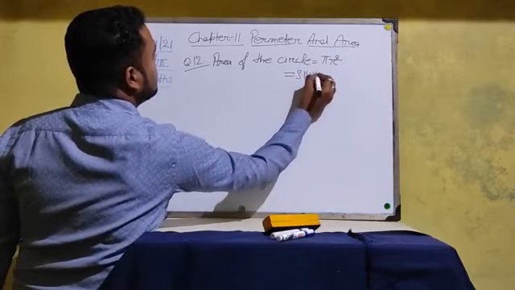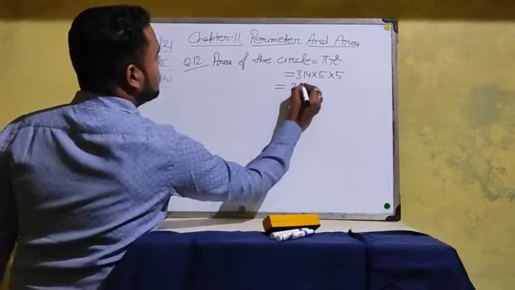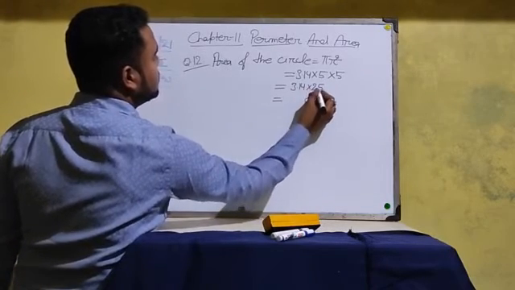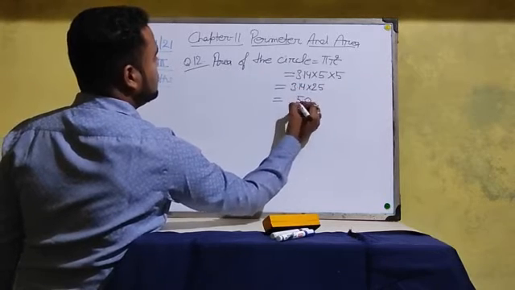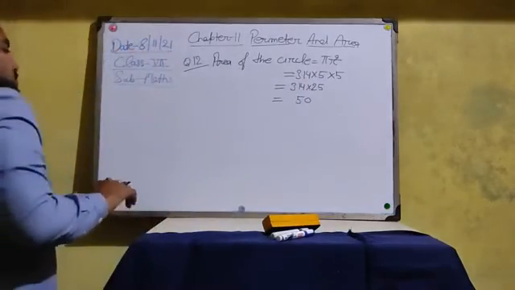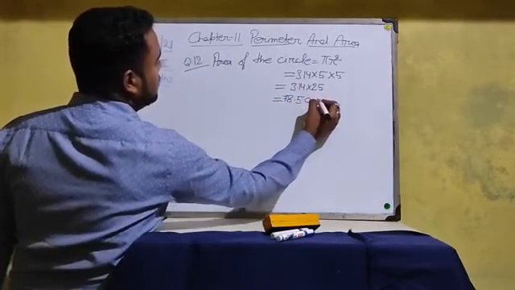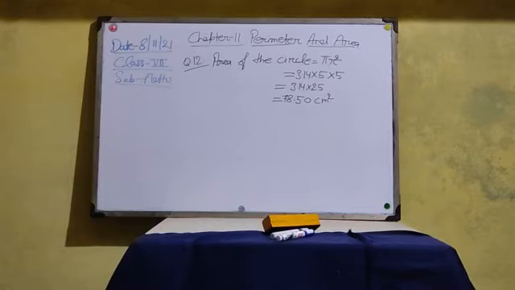So 3.14 into 5 into 5. 3.14 into 25, which gives 78.50 centimeter square. Note it down.